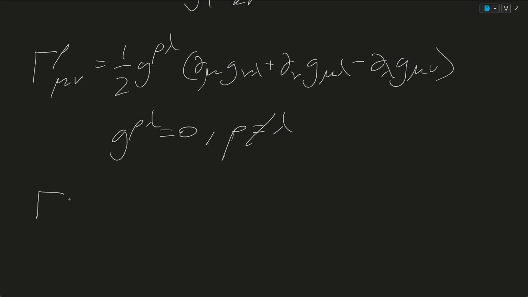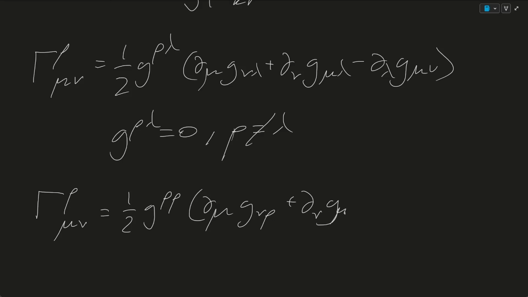So we have that gamma rho mu nu is equal to half g to the rho rho times d mu g nu rho plus d nu g mu rho minus d rho g mu nu.